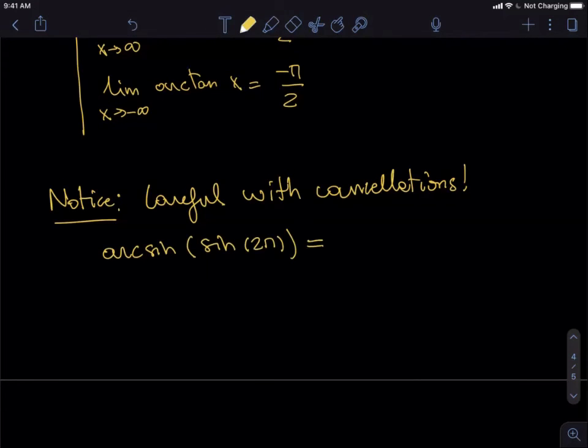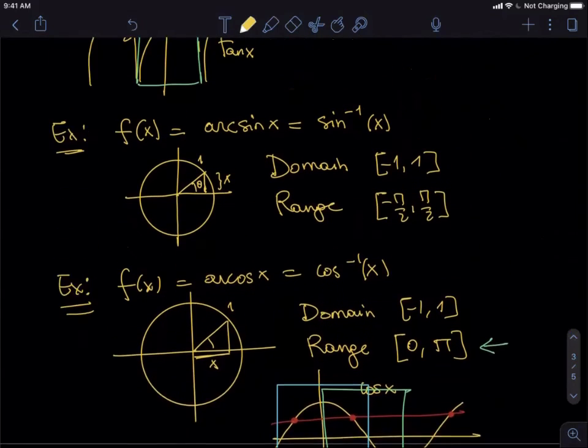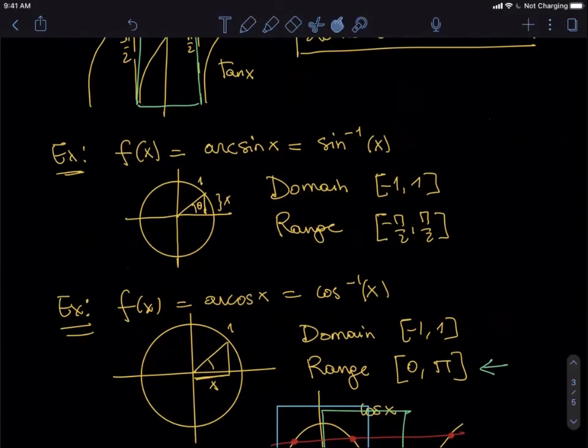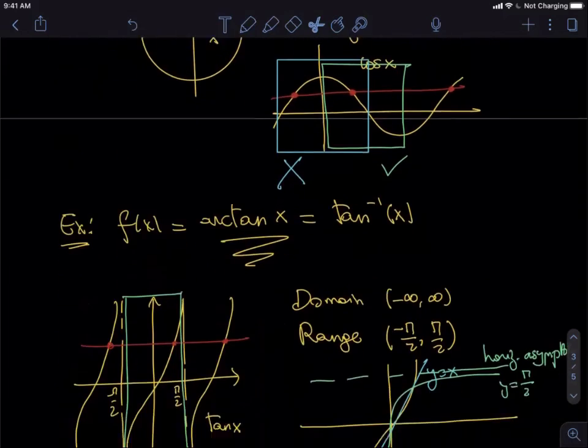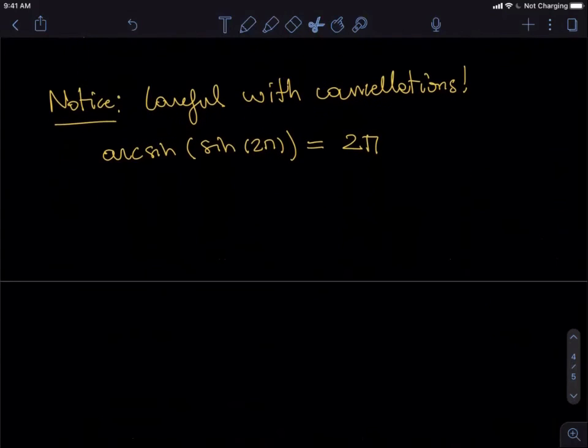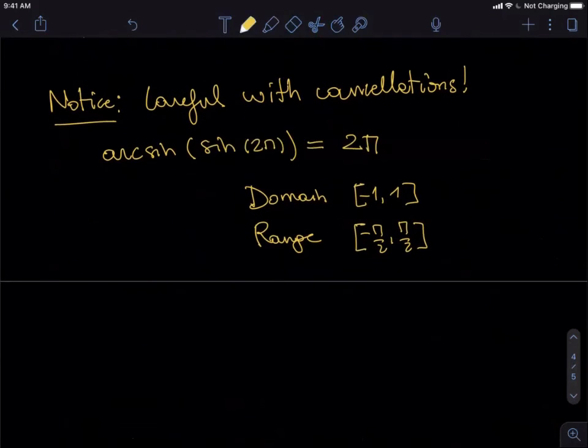And we see the arcsine and the sine, and we say, okay, 2 pi. But here we have a problem, because when we go to the arcsine, we said that the range was negative pi over 2 to pi over 2. So here 2 pi is out of range. So this can't be.